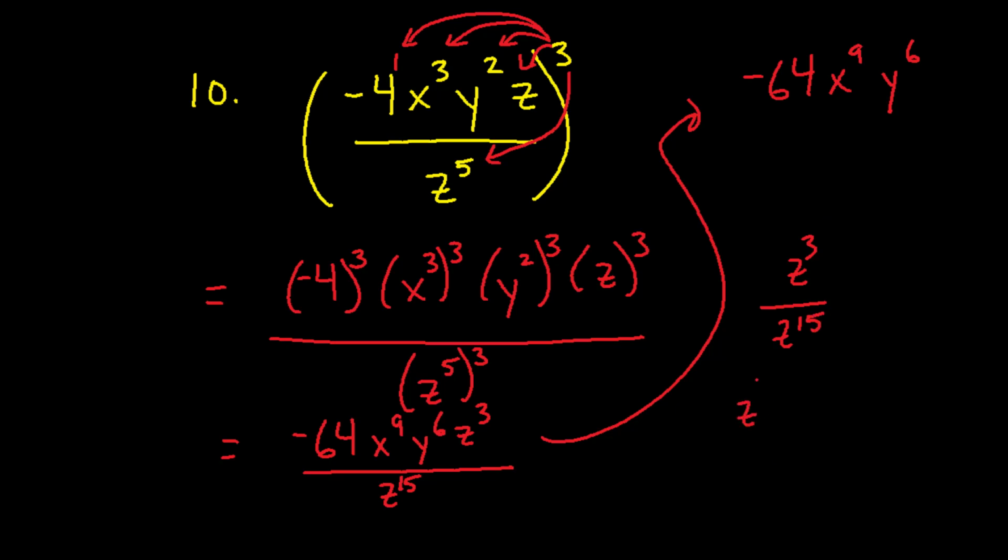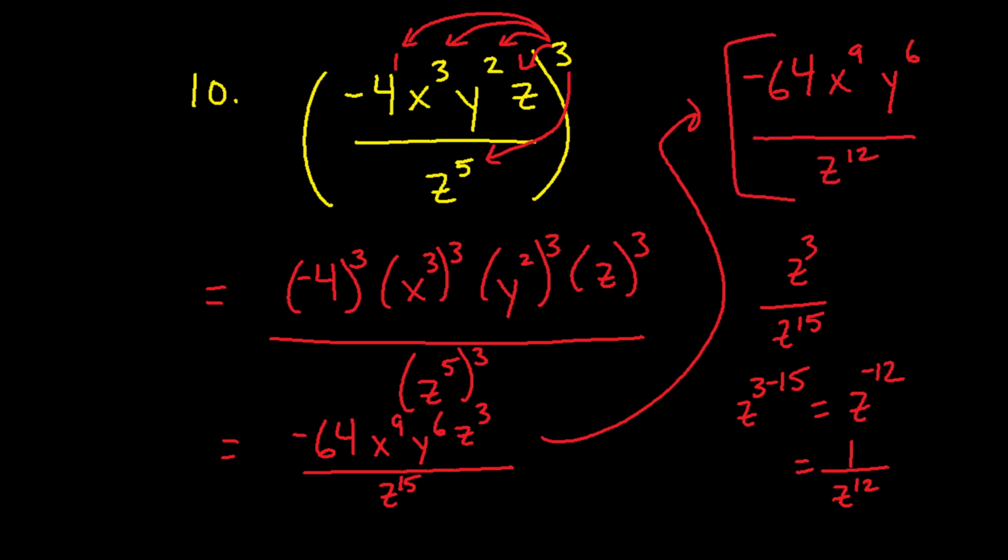So z to the 3 minus 15, which is z to the negative 12, and our negative exponent rule says z to the negative 12 is the same as 1 over z to the 12th. So we could see that the z to the 12th will remain in the denominator. So this right here will be our final answer.